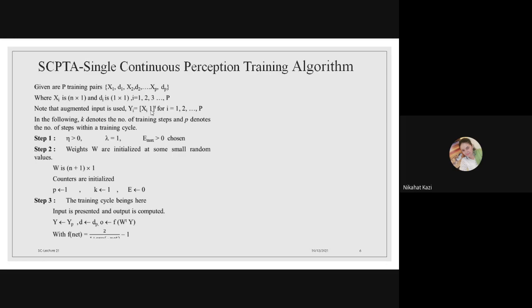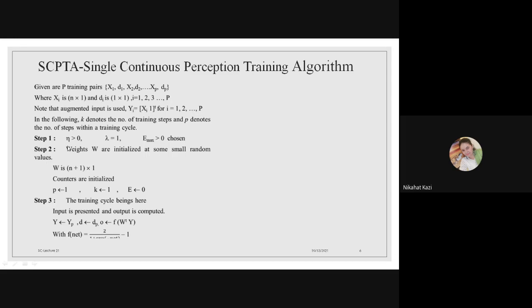If you notice previous examples, whatever we have solved, the last input is a -1 or a +1. You can take this as -1 or +1. So this is the augmented input. Now instead of X, you will have Y given to the network.